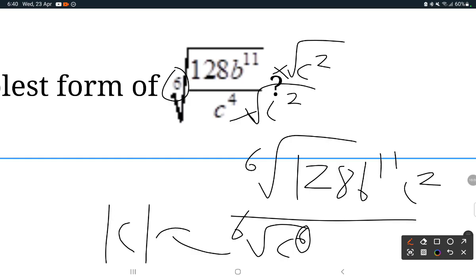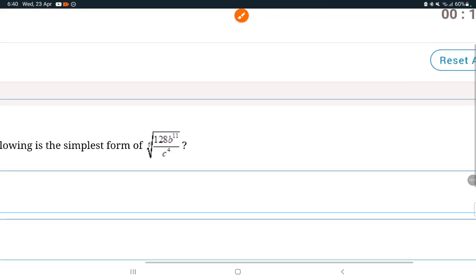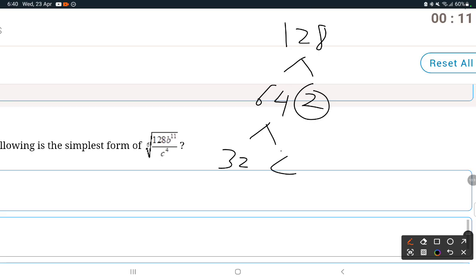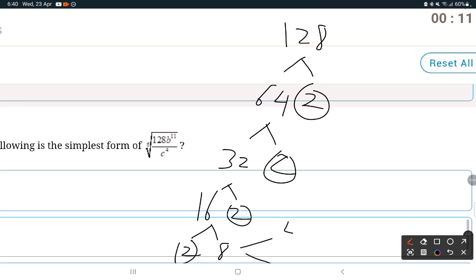Now, 128, we'll need to prime factorize that. 128 is first of all 2, of course, and 64, 32 and 2, 16 and 2, 8 and 2, 4 and 2, and then 2 and 2.